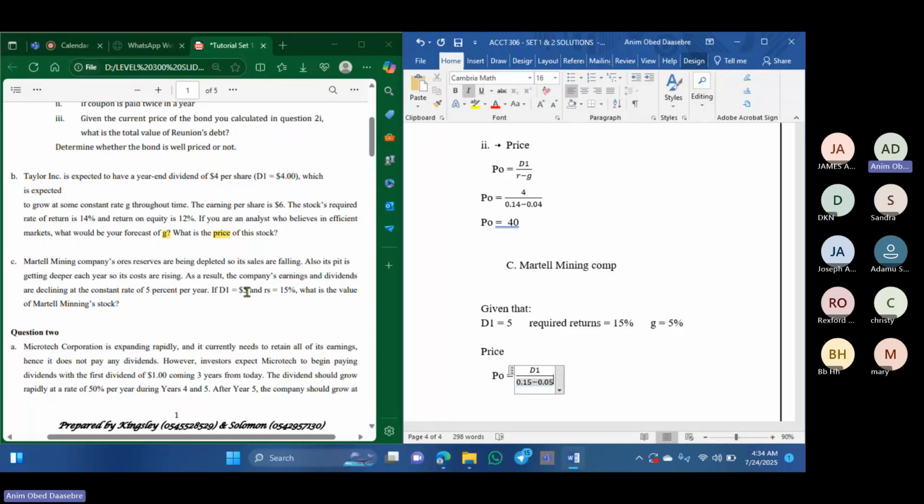You said that this is declining, so the rate has a negative attached to it. Declining at the constant rate of 5%. So we need to apply that, so it will be negative so that it will affect the formula.